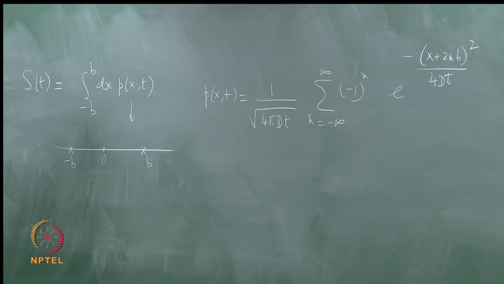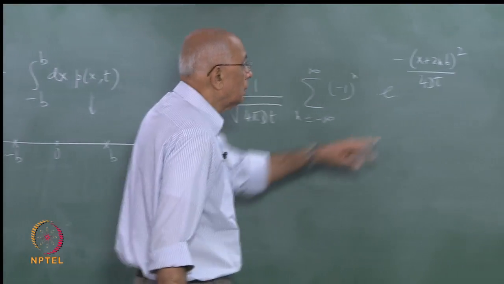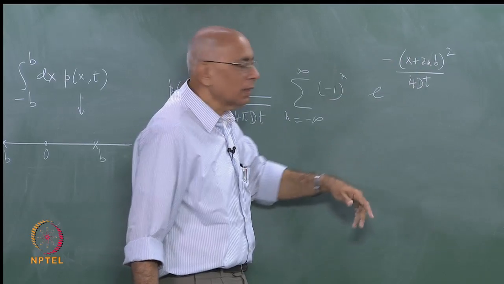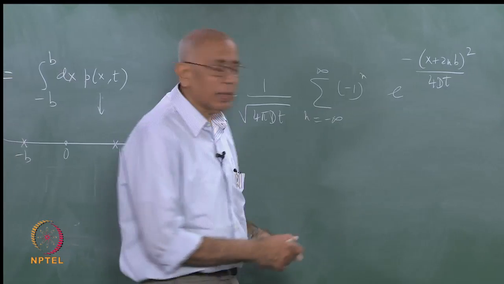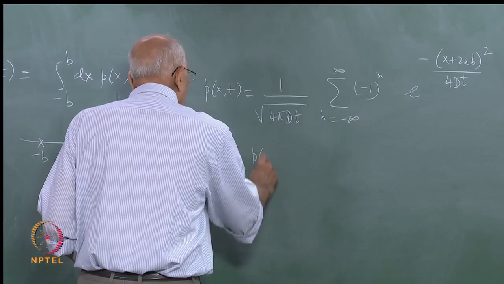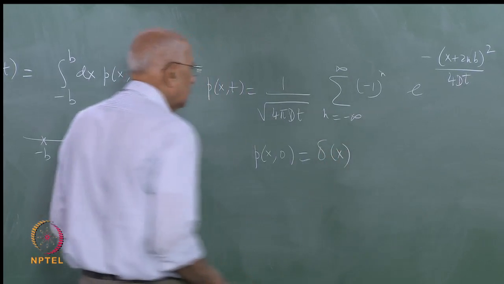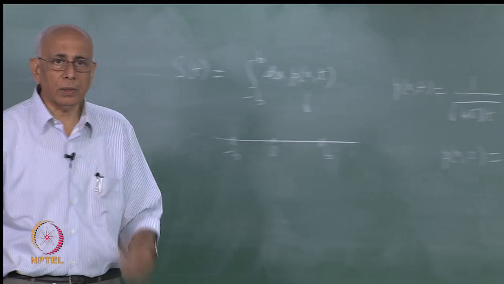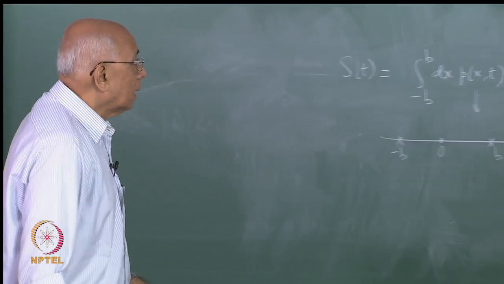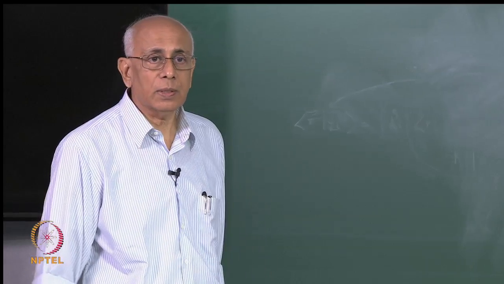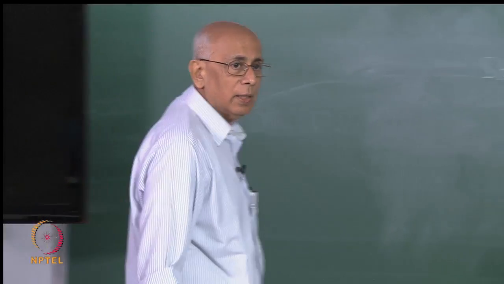By the way, although it does not appear immediately from here, as you go to t going to 0, this would generally vanish for all finite values of x, but it is singular because our boundary condition, remember, was p of x comma 0 was equal to delta of x. So there was a spike at the origin of unit strength, and this formula tends to that, tends to the singular quantity, the delta function as t goes to 0.